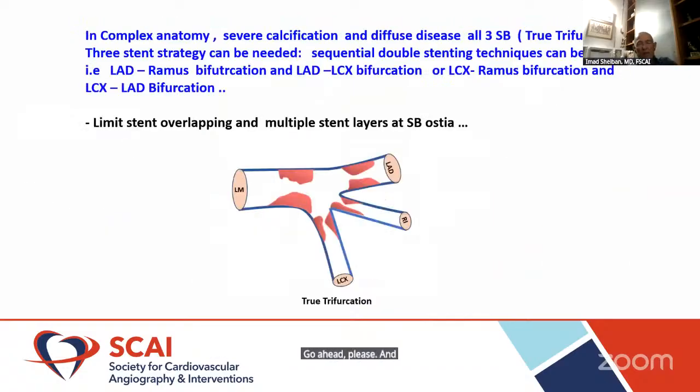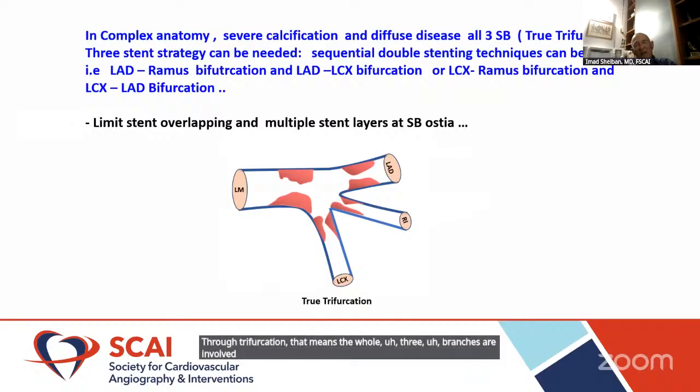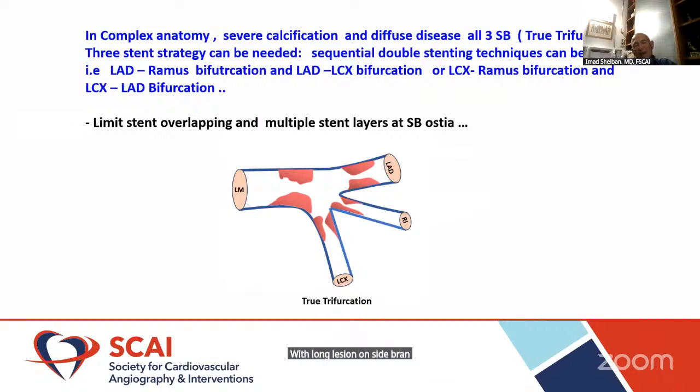And the true challenge is when you have a true trifurcation, that means all three branches are involved, as well as the distal left main with long lesions on side branches. Then I think a three-stent technique should be the preferred one.